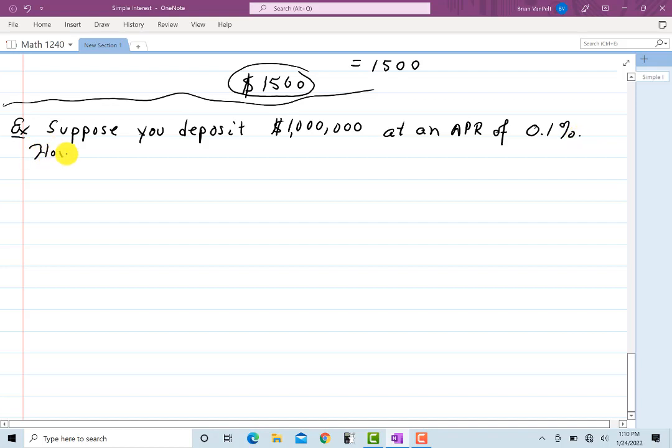How much will the account be worth after 100 years?